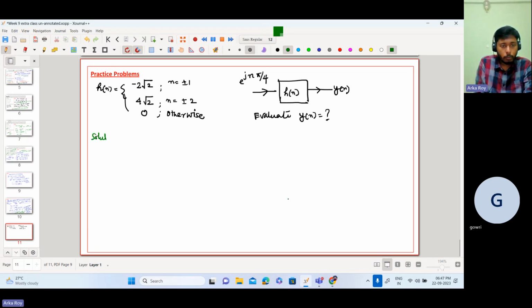Solution. In week 1, I will be giving the link in the I button over here, we had seen some of the theoretical concepts regarding these particular questions. This sequence is basically called an eigen sequence.